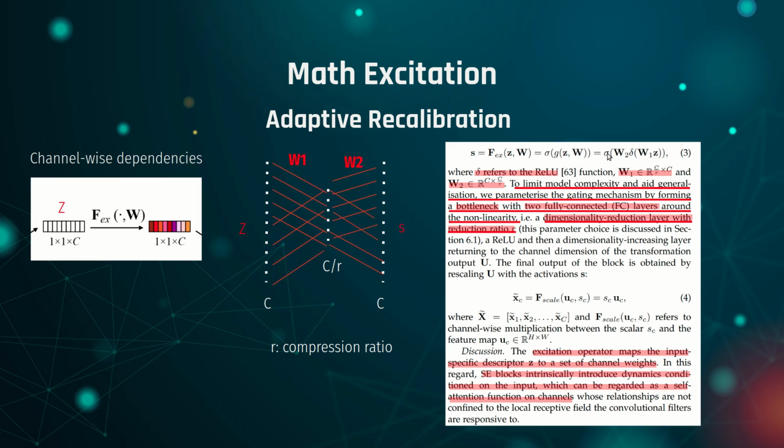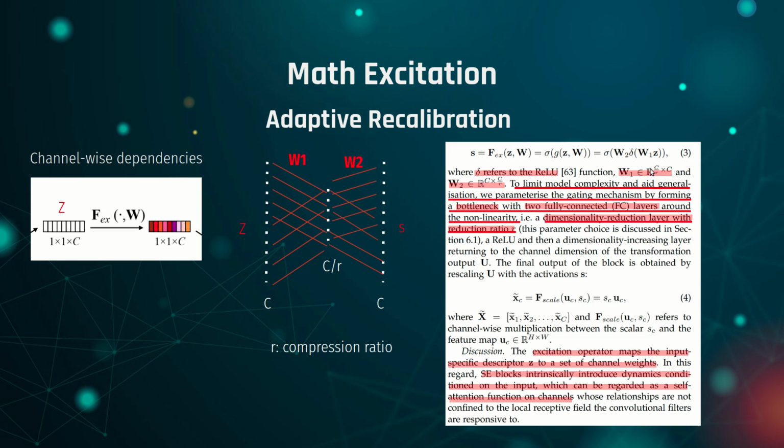Also an activation function, just a different one. This is ReLU, this is the sigmoid function. But the magic here is actually the dimension. W1 is not the original C, because our input Z is the original C, and then W1 is C divided by R.